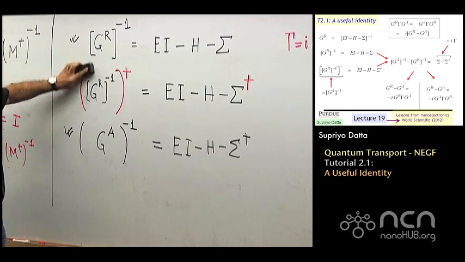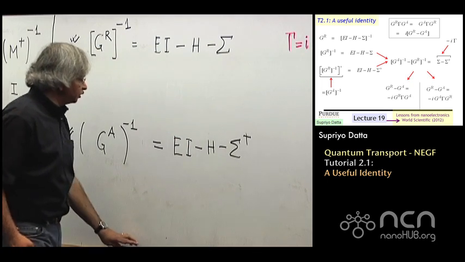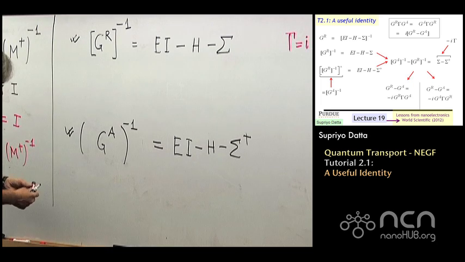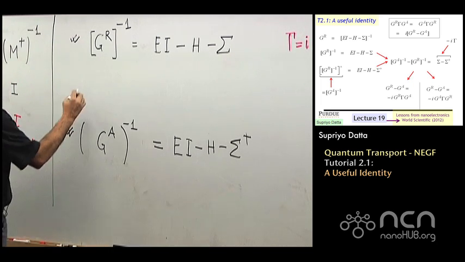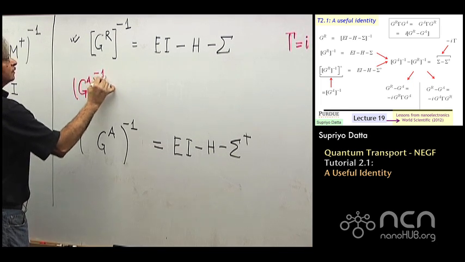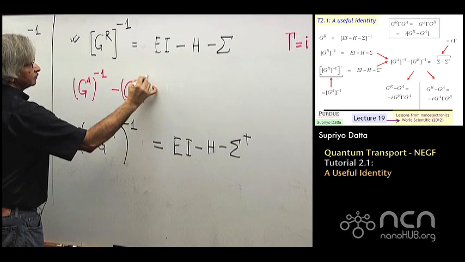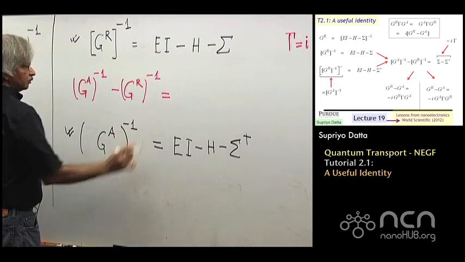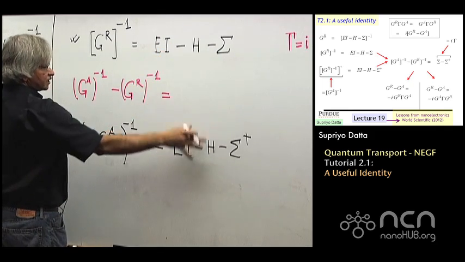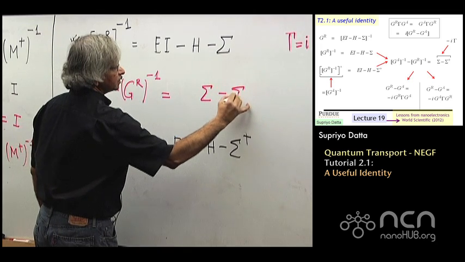Okay. So now that we have these two, what I can do is subtract this from this. So what you'd have then is GA inverse minus GR inverse is equal to this minus this, and you'll notice the E and the H just cancel, and you get sigma minus sigma dagger.